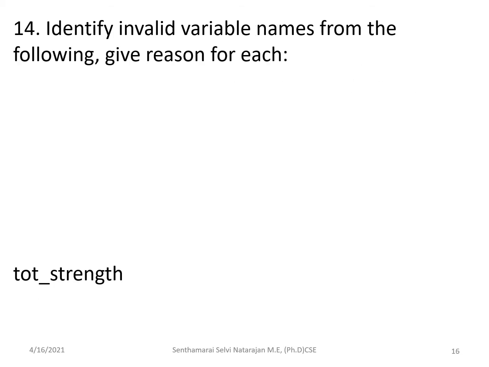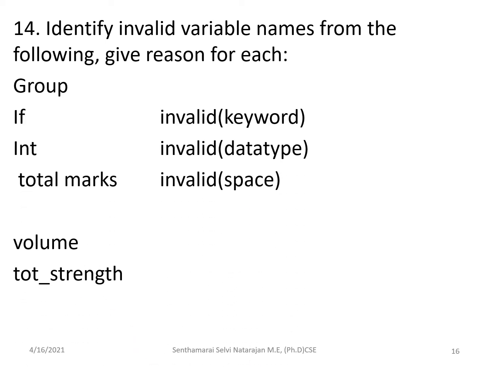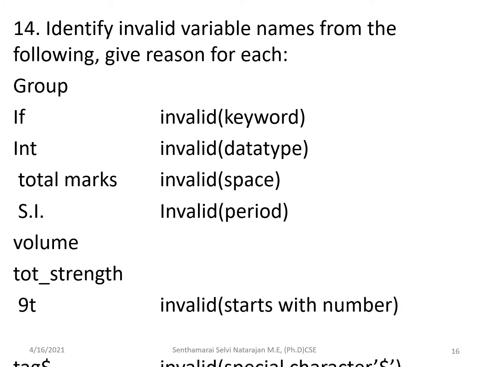Next, identify the invalid variable names from the following, giving reasons for each. Here they have given a set of variables. In that, I have specified these three are valid variable names, because one has only alphabets, and another has alphabets with underscore. Here also no problem. But when you move to the next variables, these are all invalid variable names.